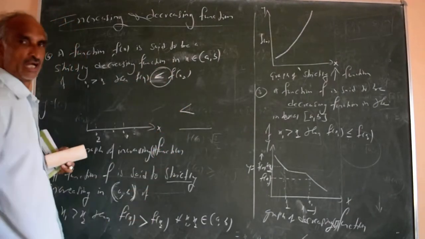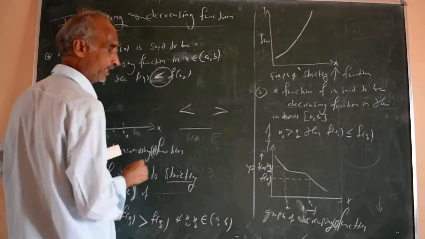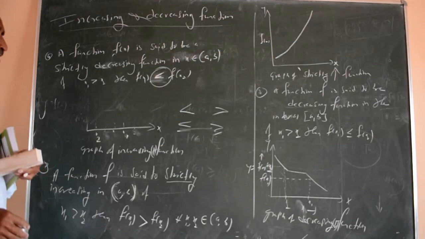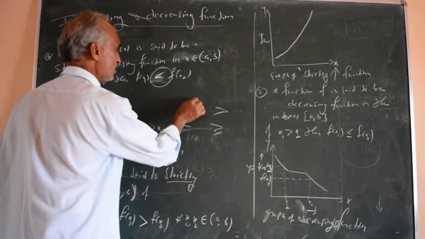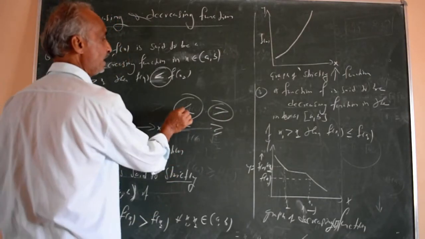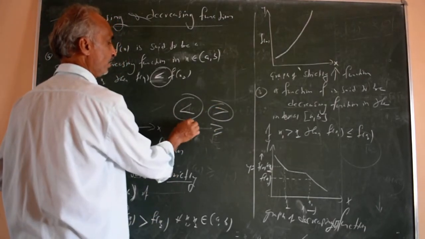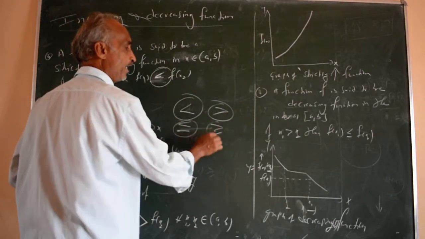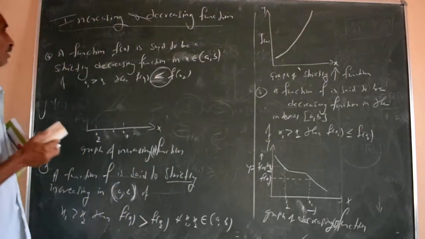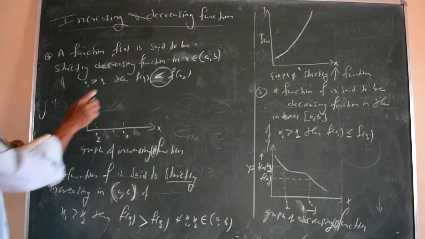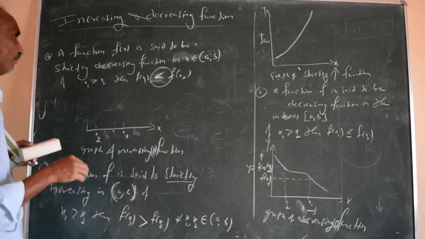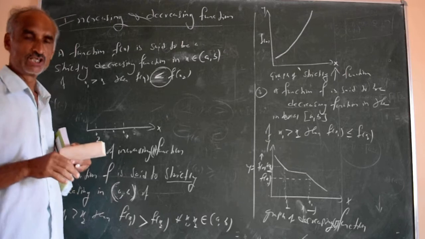Less than or equal to or greater than or equal to is called simply increasing and decreasing. Strictly means strictly lesser or strictly greater. Therefore, for strictly, only the lesser than or greater than symbol should be used, not equal to. That is the only difference between strictly and simply increasing or decreasing.